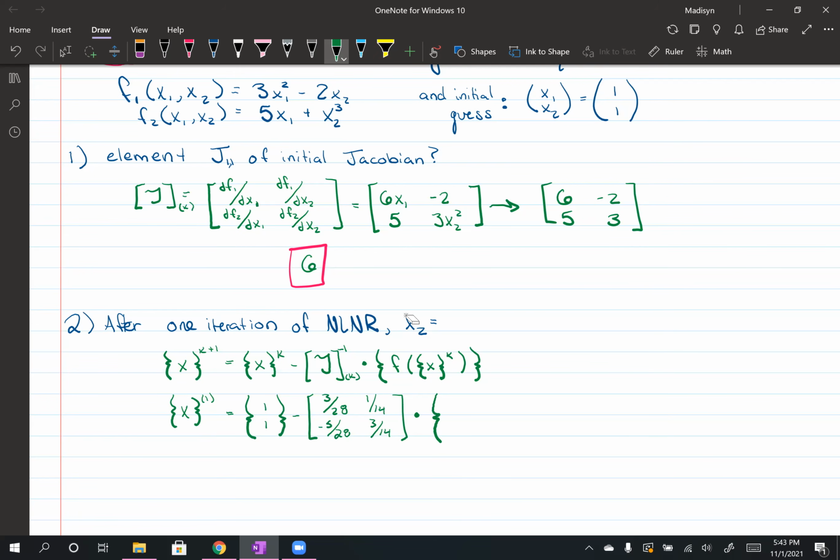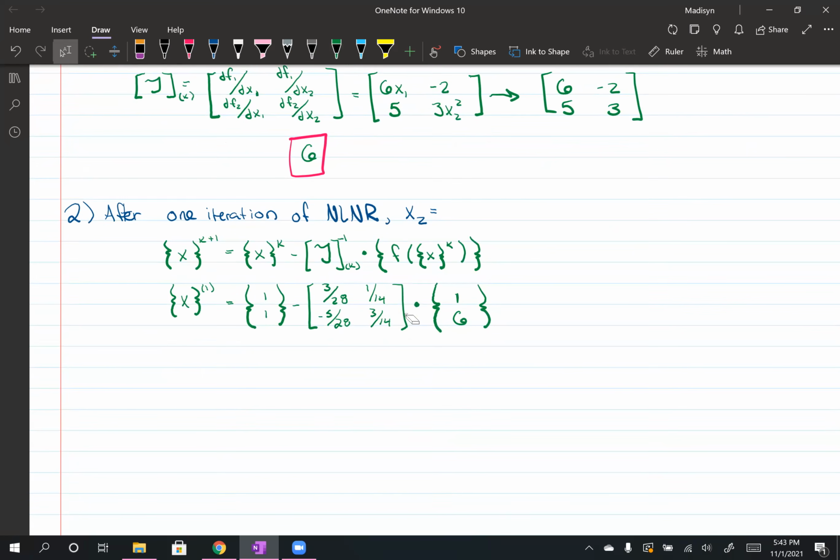So that would be 3 minus 2, which is 1, and 5 plus 1, which is 6. Then that would make our x solution turn out to be, let me do some spicy math real quick.